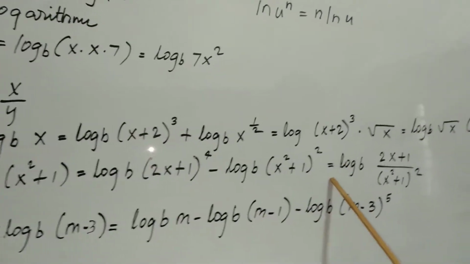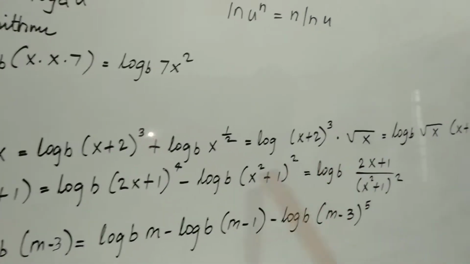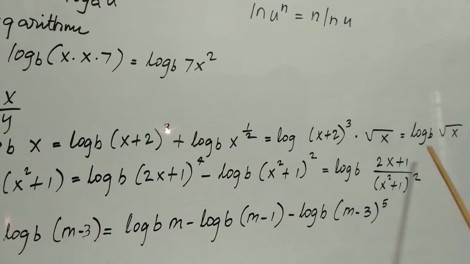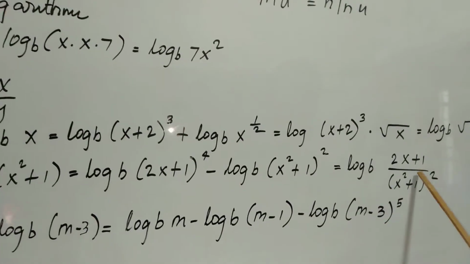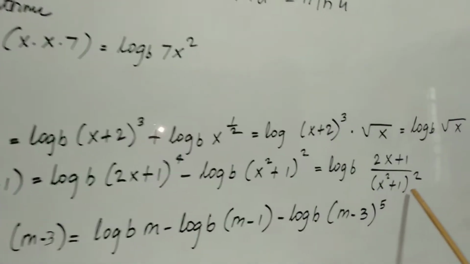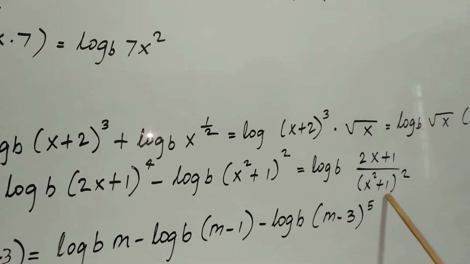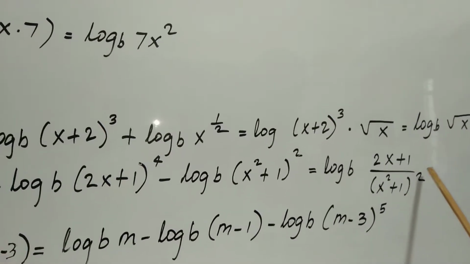This is equal to logarithm base b, and this one becomes the quotient, we apply the quotient property: 2x plus 1 raised to 4 over x squared plus 1 quantity squared.